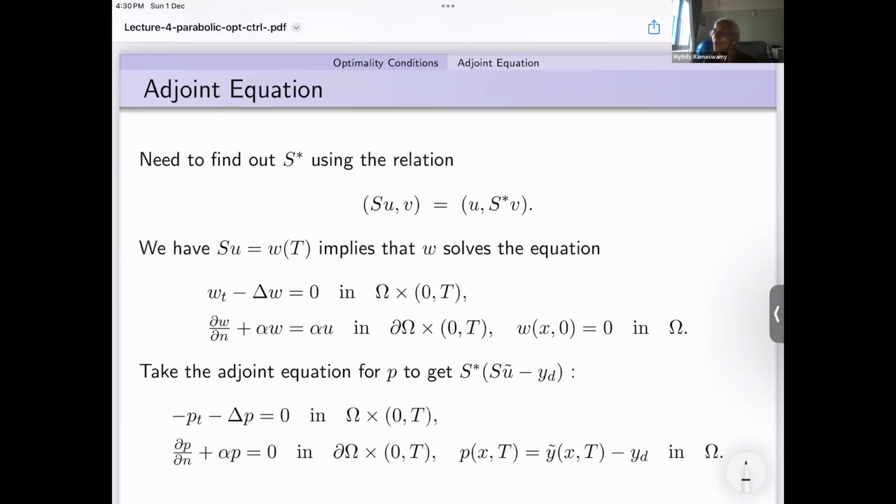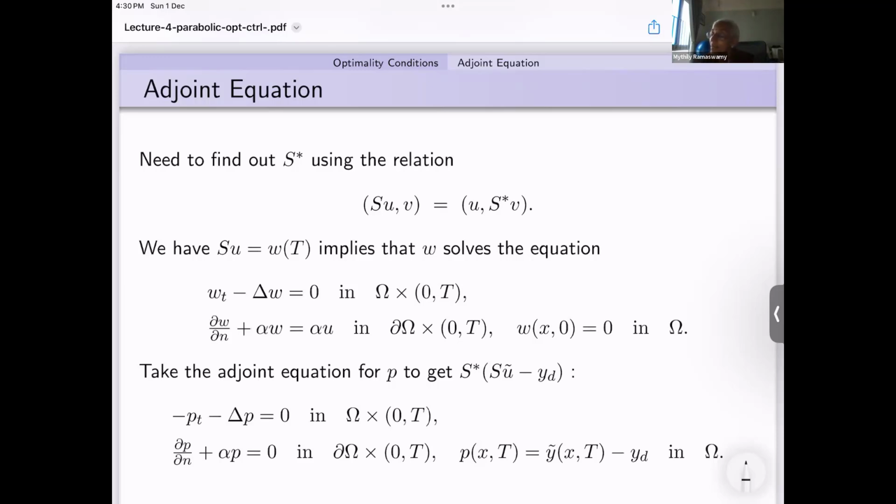And now if you multiply the w equation with p and integrate by parts, you have to remember, you have to throw the d by dt on w to p. That will give me minus p_t. And when you take the Laplacian of w, throw it on to p, you will have to integrate twice by parts. That will give me minus Laplacian of p. And you have to tackle all the boundary terms.